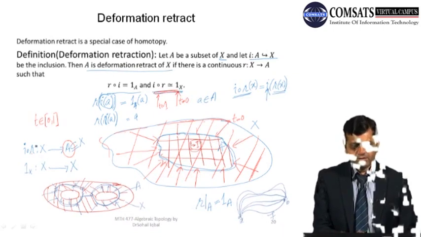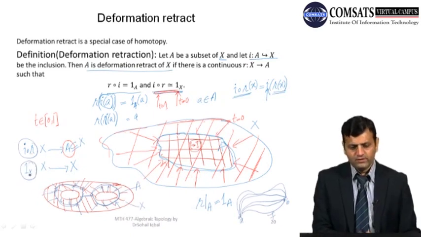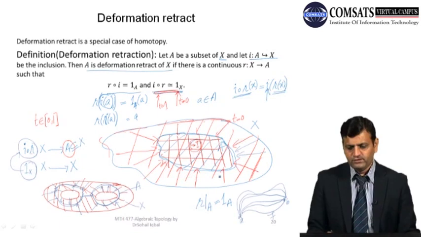In this case we are continuously deforming I composition R to 1X, or the other way around, we are deforming 1X into I composition R. What is the image of I composition R? It is A. And what is the image of 1X? It is the whole X. So with the passage of time we are starting from X and moving towards the points of A.